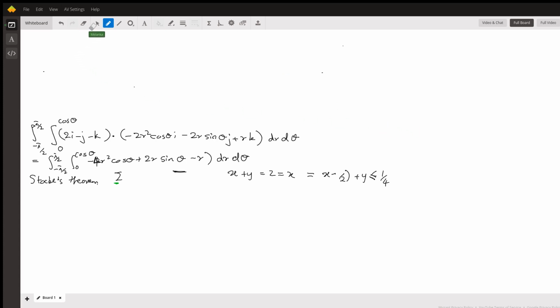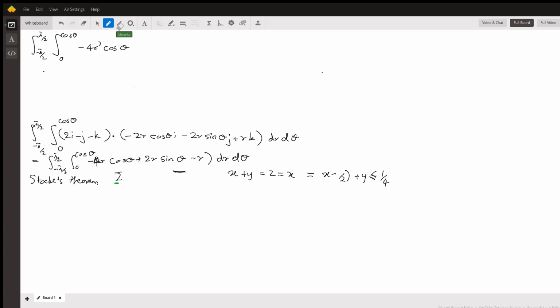So what we have here is negative pi over 2 to pi over 2, 0 to cosine theta, minus 4r squared cosine theta. No, there's no r squared here. It should be just cosine, there's no square here.